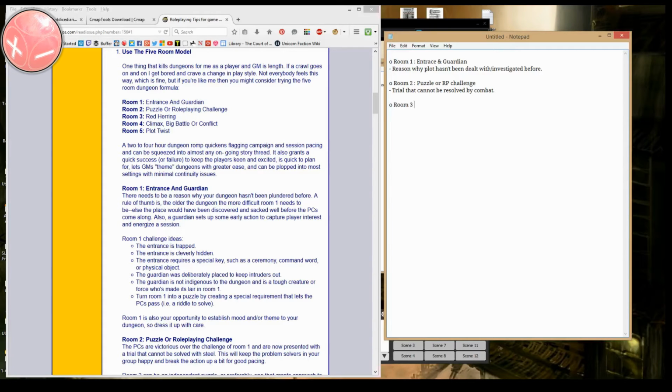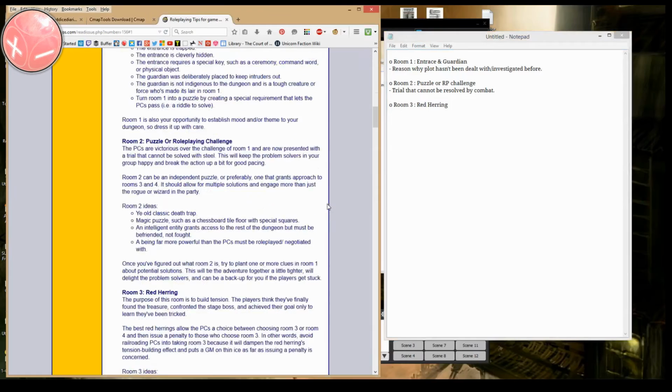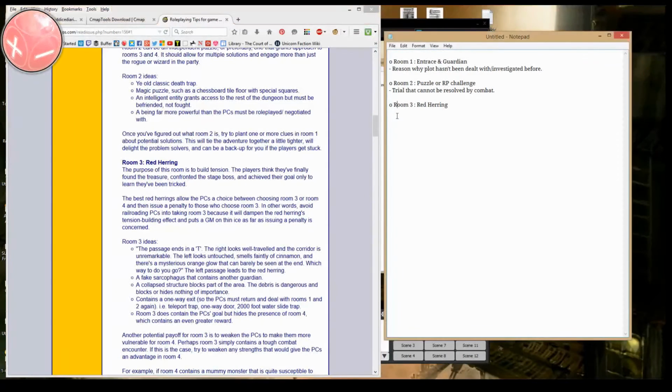Room 3 is a red herring, which is building tension or adding in additional background flavour.